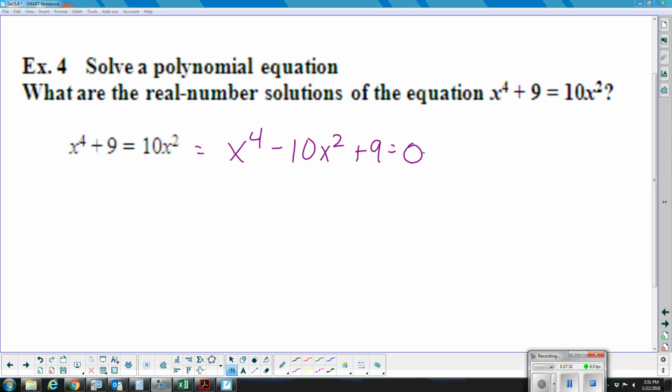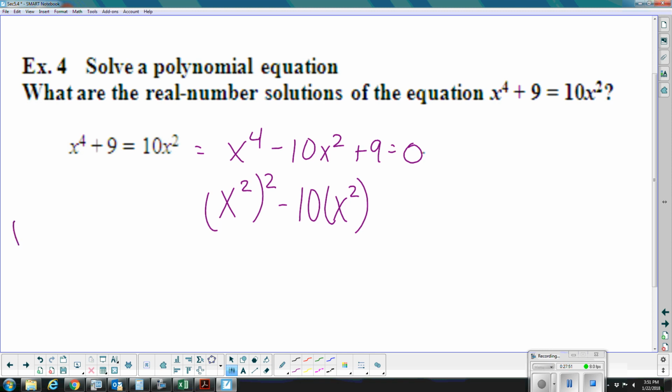So this is like x to the 4th is x squared squared minus 10x squared. So we're putting this in quadratic form where our u equals x squared. Okay, so we have a times u squared minus b times u plus whatever our c is.